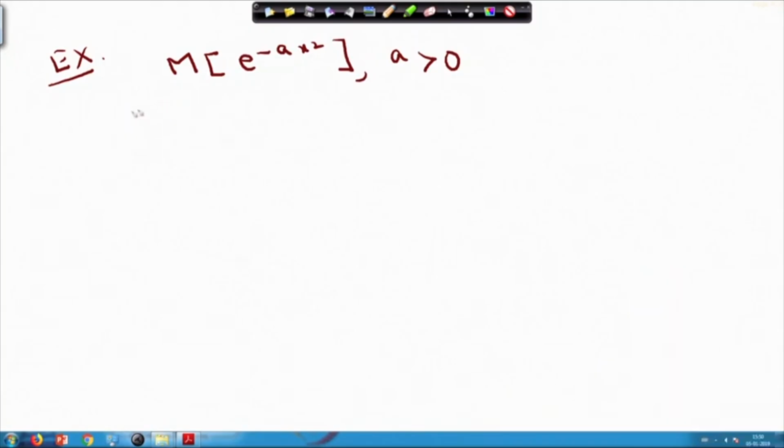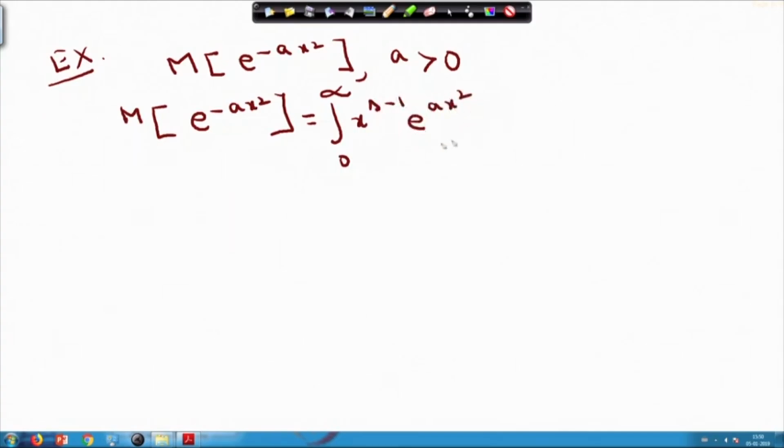So, the Mellin transform of e to the power minus a x square, from the definition, you can write down as 0 to infinity x to the power s minus 1 into e to the power minus a x square dx. Now, let us substitute a x square equals u.